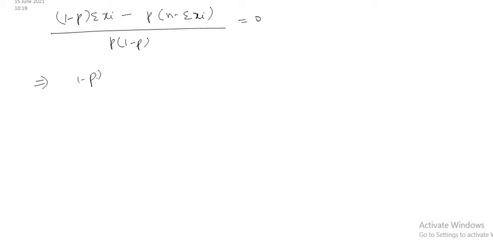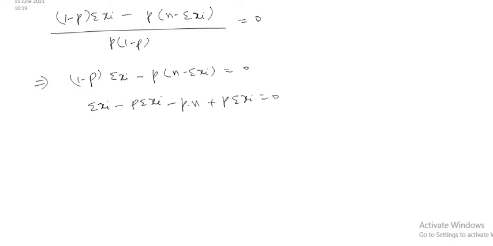That means 1 minus p into summation xi minus p into n minus summation xi equals 0. I am just taking multiplications: summation xi minus p summation xi minus pn plus p summation xi equals 0.